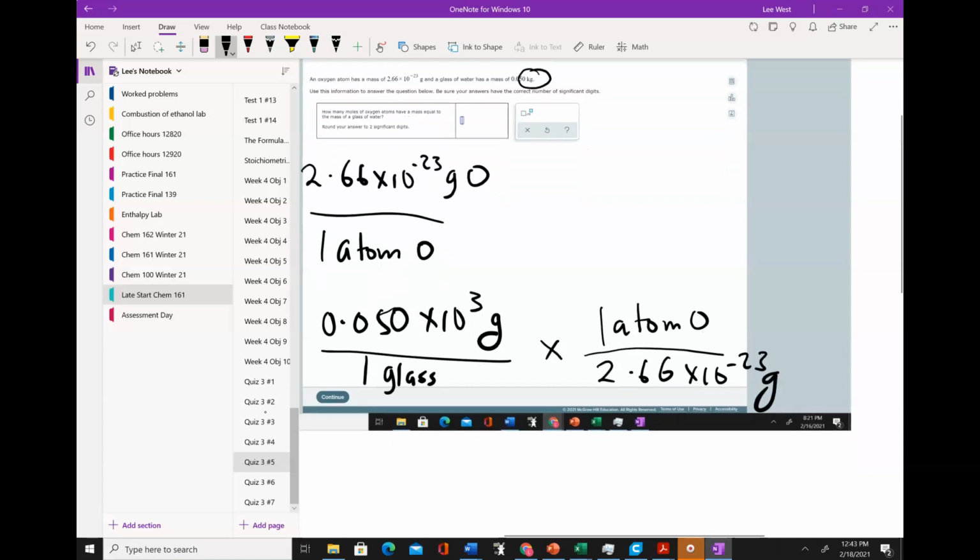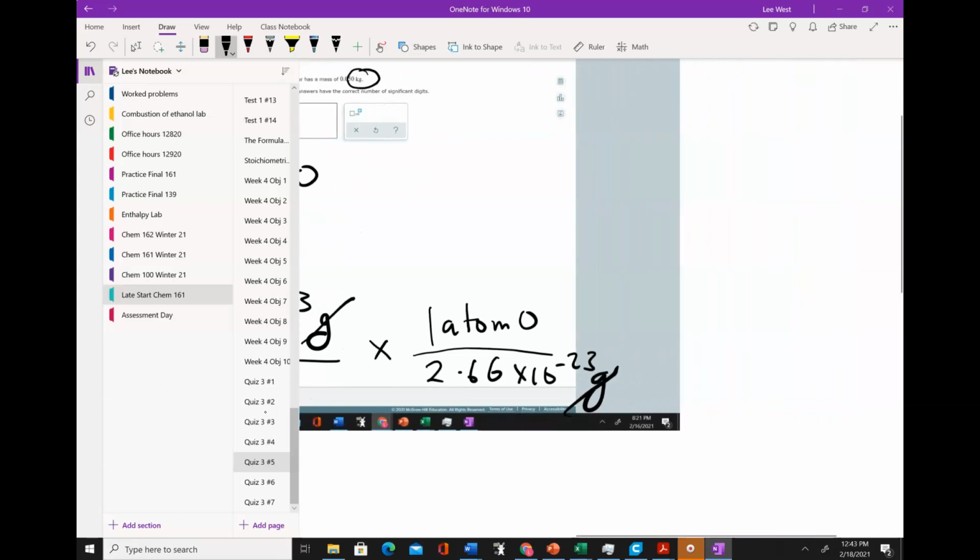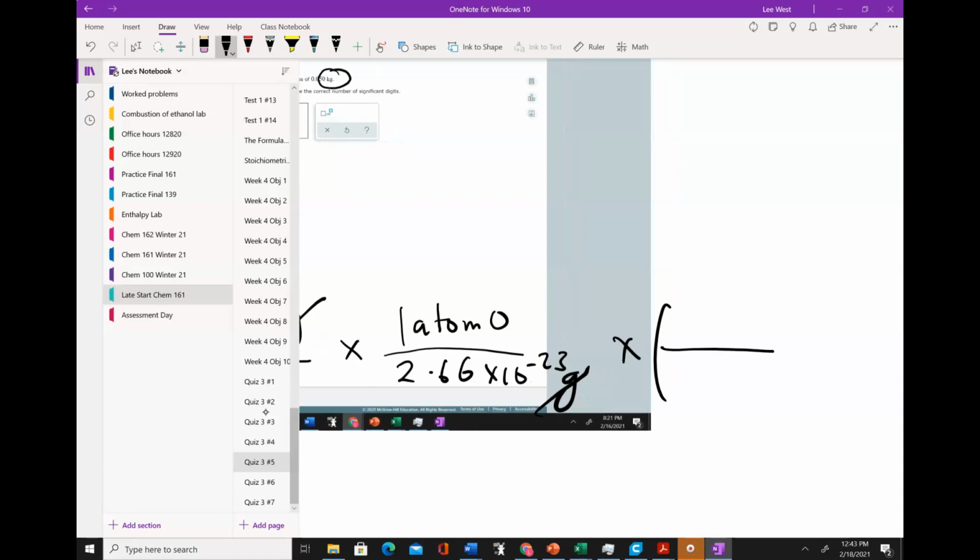Now, the problem is if I did this math, it would just give me the atoms of oxygen that are in one glass, and it would be a very large number, but we don't want that. We want the moles of oxygen in one glass.